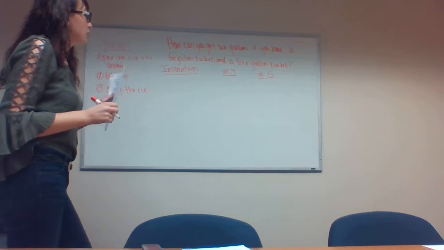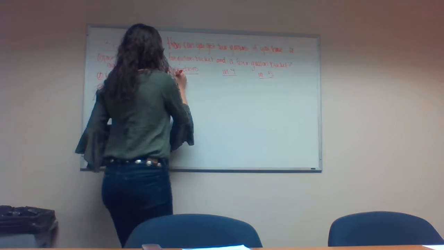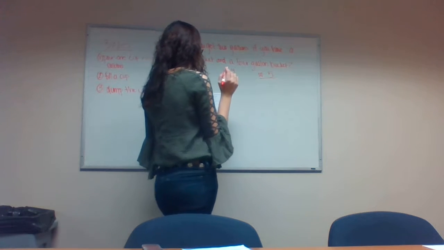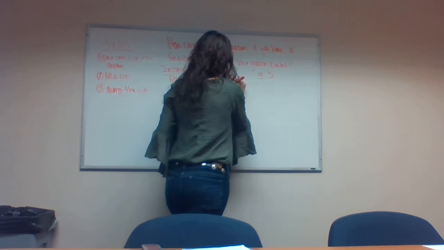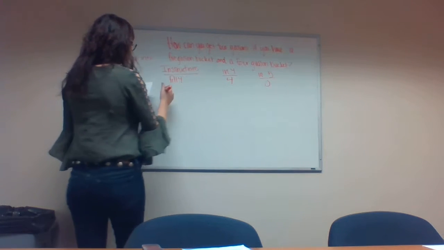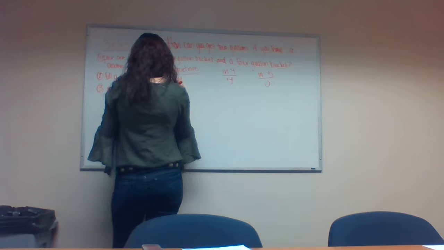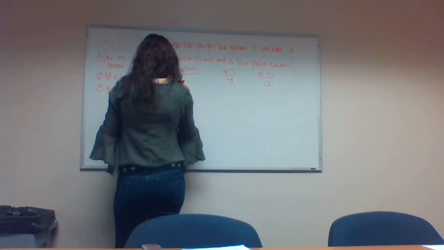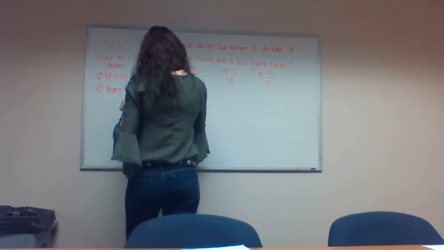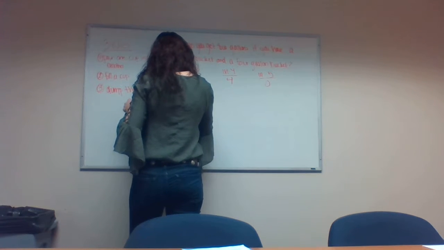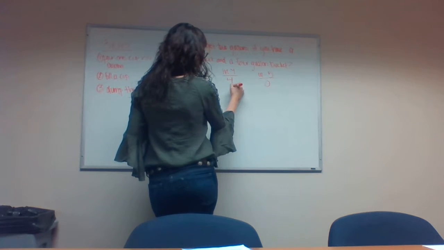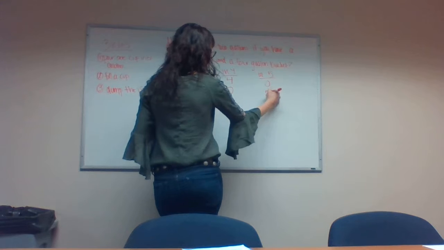So the first step would be to fill 4. So if 4 is filled, there is 4 gallons and then 0 and 5. The next step would be to pour 4. So then we would have 0 here and 5 here.